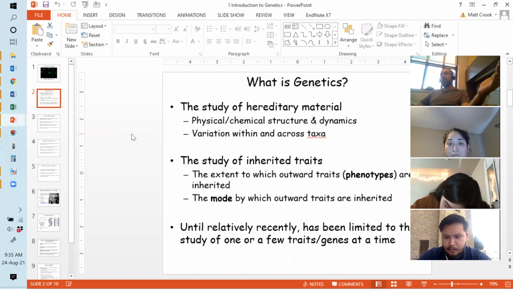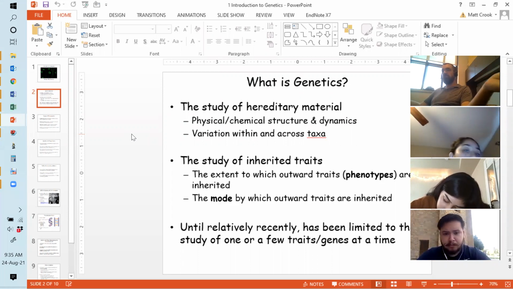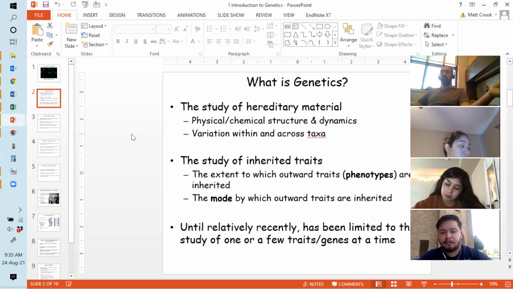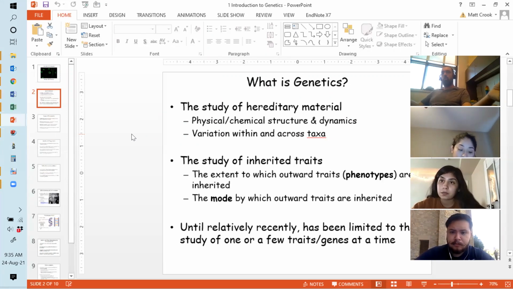And really what I mean by that is, how do things work at a genetic level? And you always have to start with DNA. All living organisms, and I don't include viruses in that, use DNA as a store of information. So what does DNA look like? What are its properties? What are its dynamics?